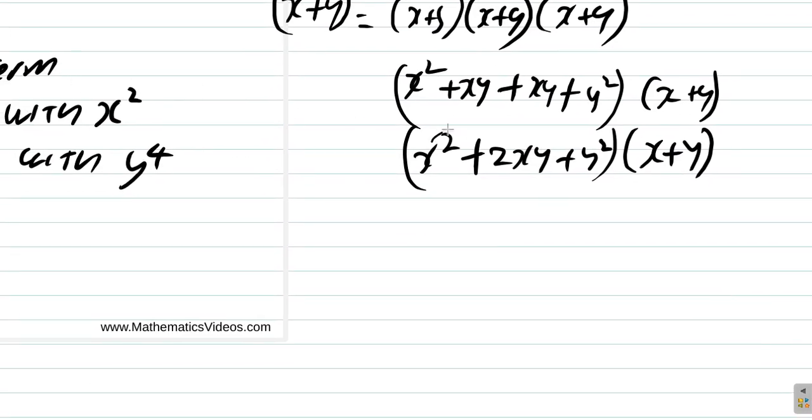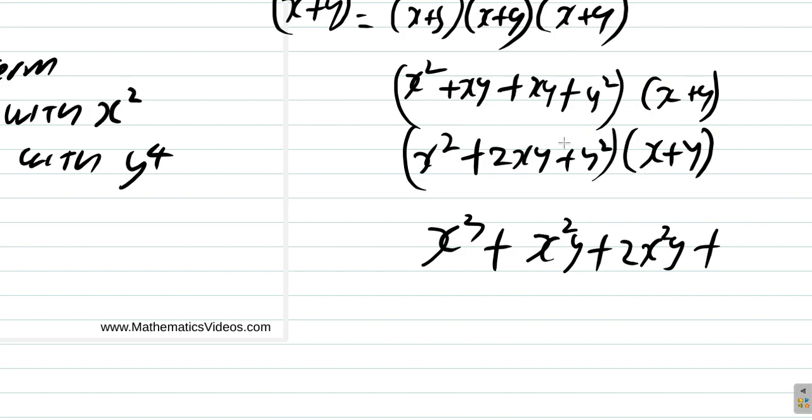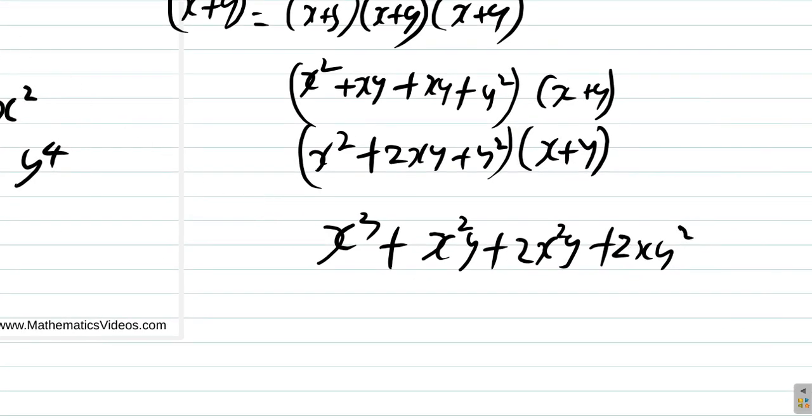So you say x squared times x will give you x cubed plus x squared times y gives you x squared y plus 2xy times x would give you 2x squared y plus 2xy times y would give you 2xy squared plus then the y squared times x will give you xy squared plus y squared times y would give you y cubed.